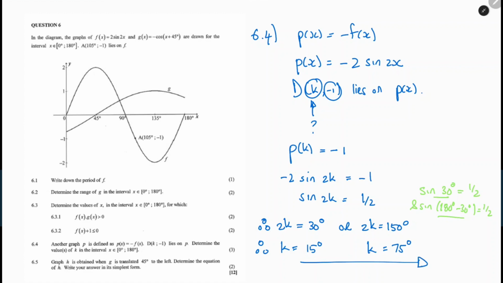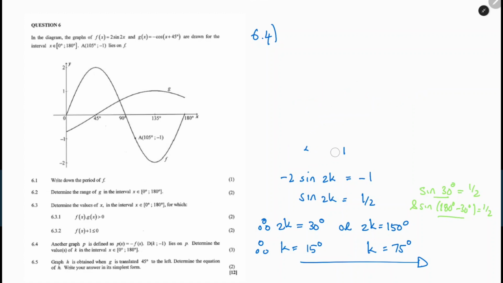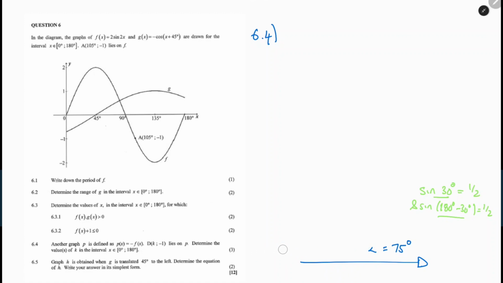And that is the answer to 6.4. Moving on to 6.5.